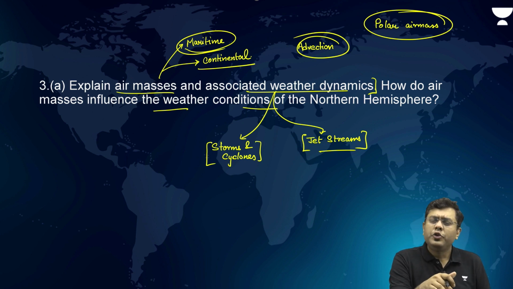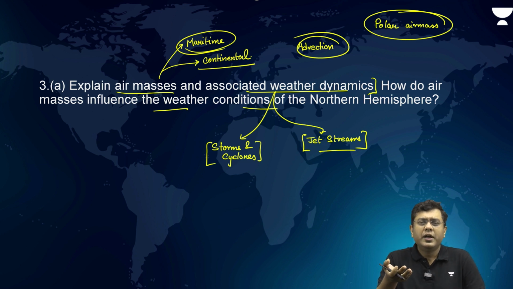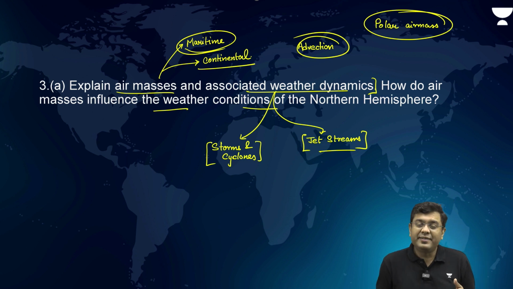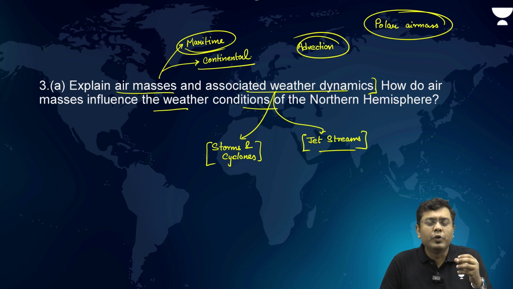Here you could talk about, for example, how the polar air mass ventures into the regions of the mid-latitudes, creating sub-freezing temperature. Then, for example, the polar air mass interacting with the tropical maritime air mass, leading to the formation of storms, nor'easters. Then, even in certain areas, you have the formation of twisters, in particular due to the interaction of these air masses.